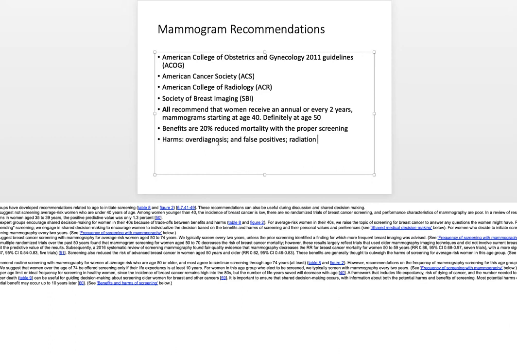What happens with overdiagnosis is that there's really no way to determine what type of breast cancer it is. We just know that overdiagnosis would lead to identification of breast cancer that would not have caused clinical consequences in the woman's lifetime.